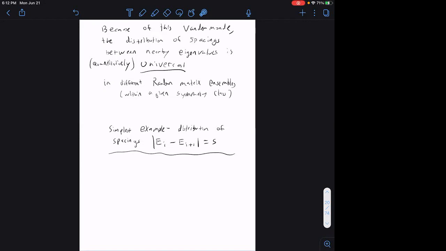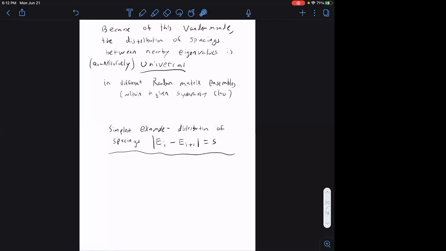It didn't come from the probability distribution of H. So the appearance of the Vandermonde in these random matrix ensembles is independent of your choice of P of H. We've chosen a specific Gaussian one for simplicity, but the Vandermonde is always going to be there.